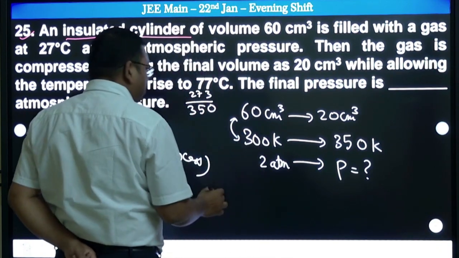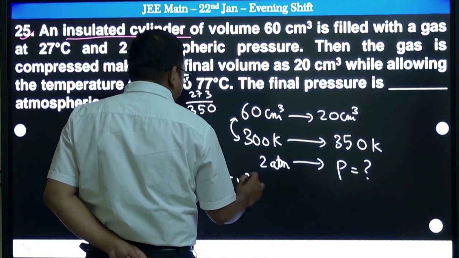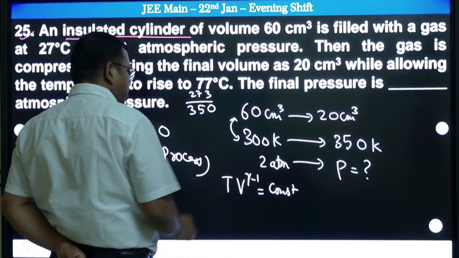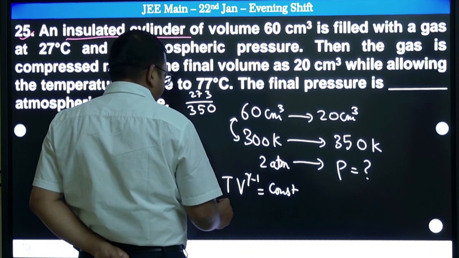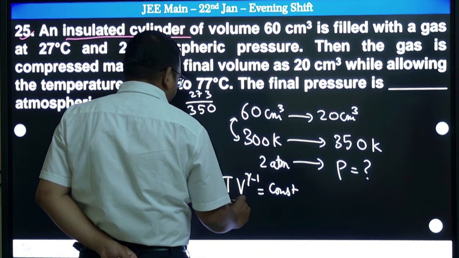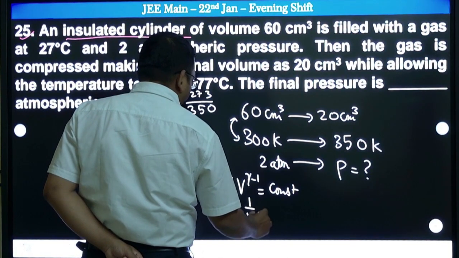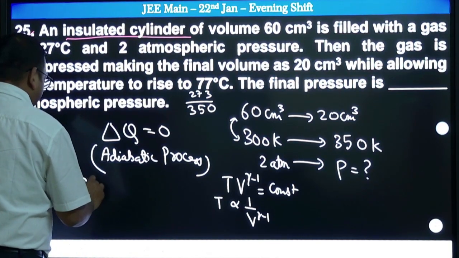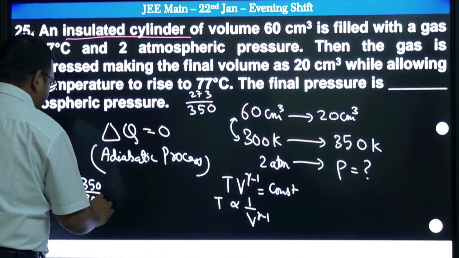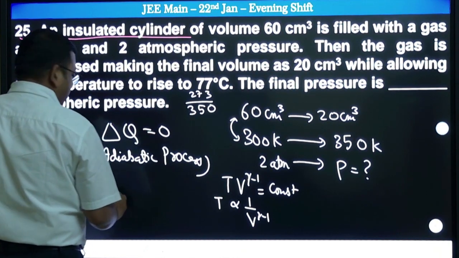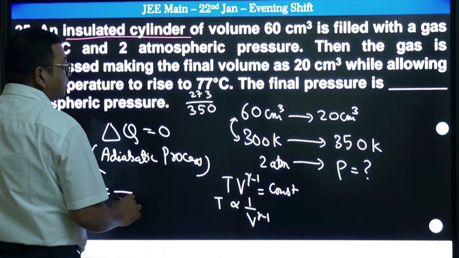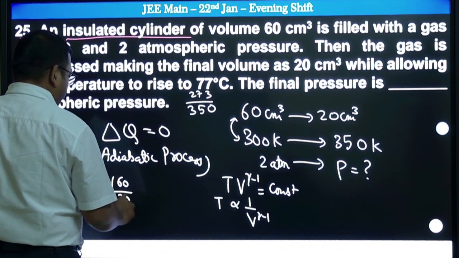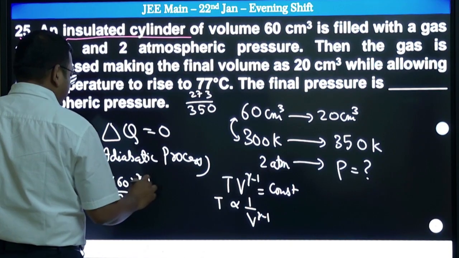So what is the temperature volume relationship? T V to the power gamma minus 1 is constant, correct? So we can use that. We can say that temperature is proportional to 1 by volume power gamma minus 1. So if I use this condition, final temperature 350, initial temperature 300, this ratio must give the volume ratio. Final volume is 20, initial volume is 60, this power gamma minus 1, correct?